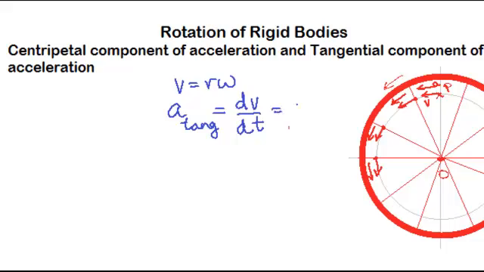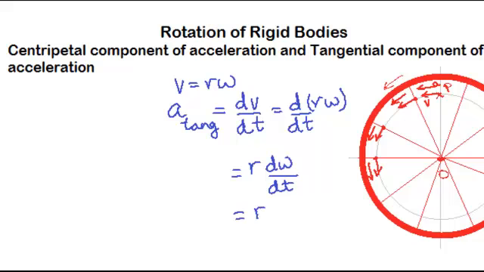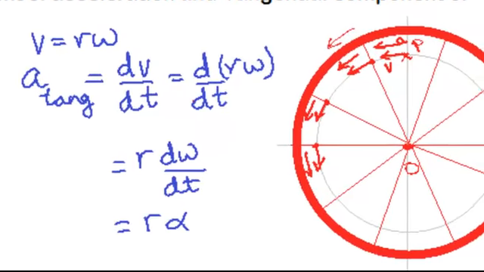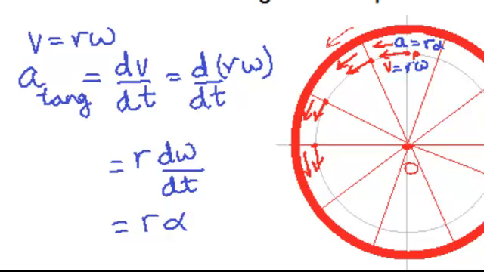Since the radius of the path does not change, r is constant, and this is r times d omega by dt. Now the rate of change of angular velocity omega is the angular acceleration alpha. So this is r times alpha. Now in the diagram over here, we can write v as r omega and acceleration a as r alpha.